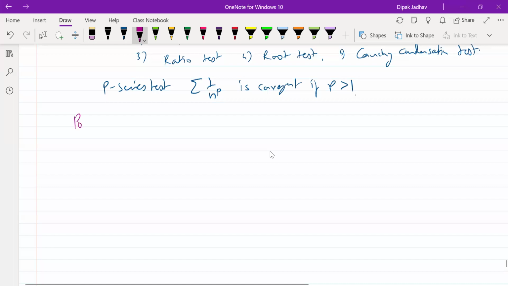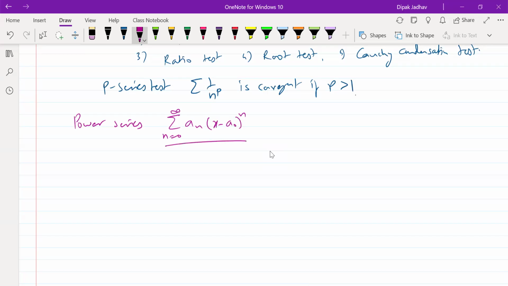Apart from this, we have also learned something called power series. An expression of the type where n runs from 0 to infinity, or sometimes it may start from 1 to infinity. Such an expression is called a power series. If you take a power series, it is always convergent at x equal to a naught.